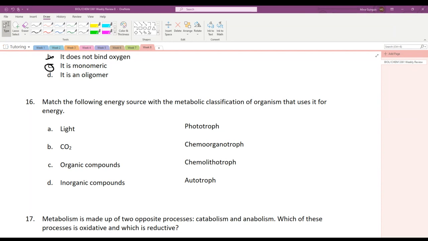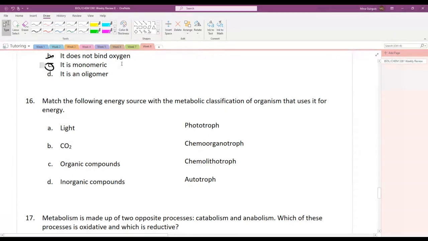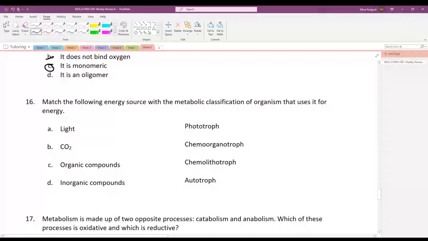Each species that uses a given source for energy is given a different name. So a phototroph uses light for energy. Okay? Now there's a few others.